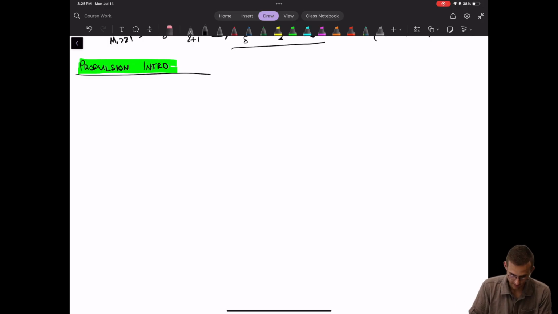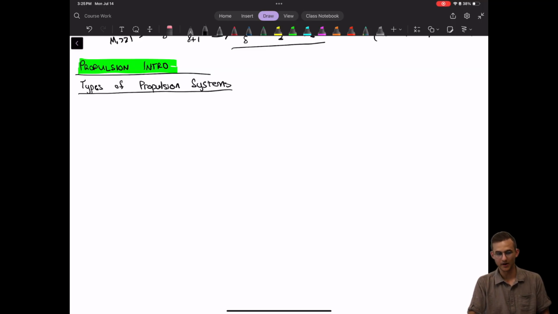So first off, let's talk about general types of propulsion systems. And I should say, before we get started, this whole propulsion topic will not be found in Zucker and Biblarz, which has been our primary written resource up to this point.